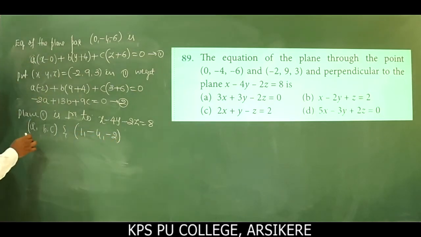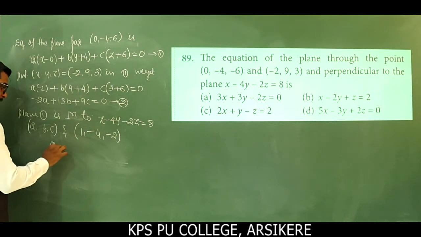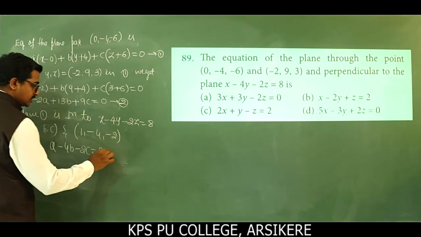What is the condition? a1 a2 plus b1 b2 plus c1 c2 is equal to 0. So that becomes a minus 4b minus 2c is equal to 0. Call this 3.